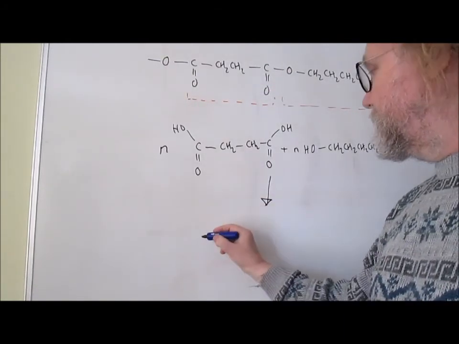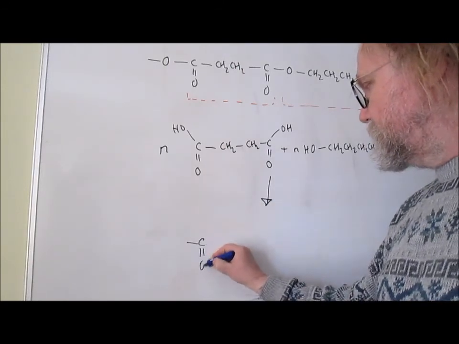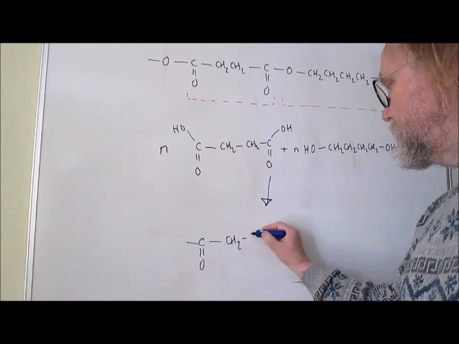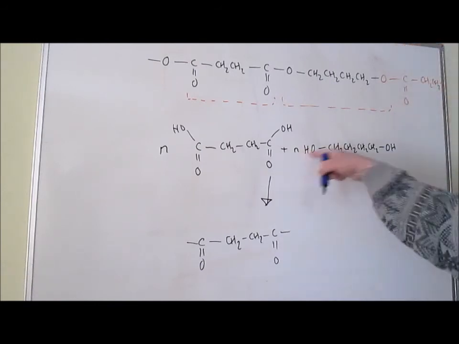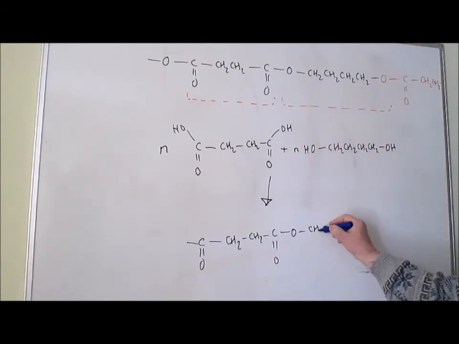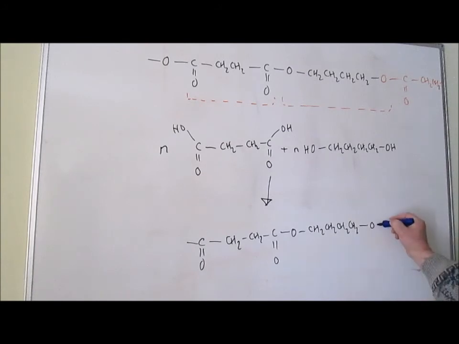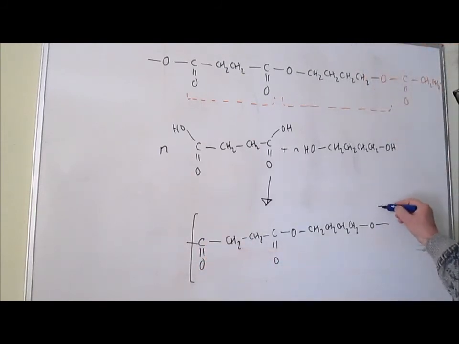So we can just, where the carboxylic acid group is, convert that into the CO, because remember the OH has been lost, so we get this, and it includes this, so again the hydrogen's been lost there, so we just have O, CH2, CH2, CH2, CH2, and then O, and then as always you put the linker bonds on the end, and that's repeated n times.